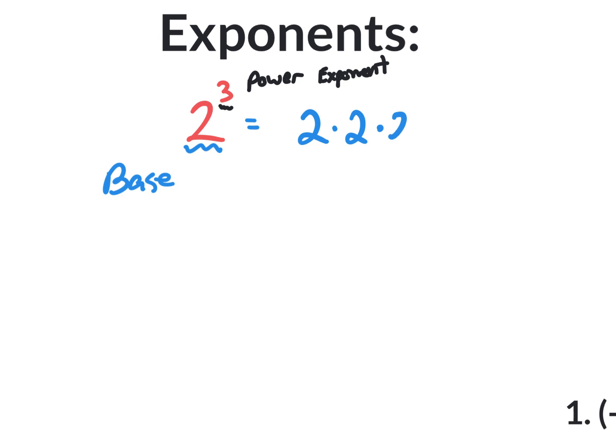A lot of students make the mistake of thinking, oh, 2 times 3 is 6. Wrong answer. It's really 2 times 2, which is 4, and then 4 times 2 gives you 8. So the answer is 8. I hope that helps.